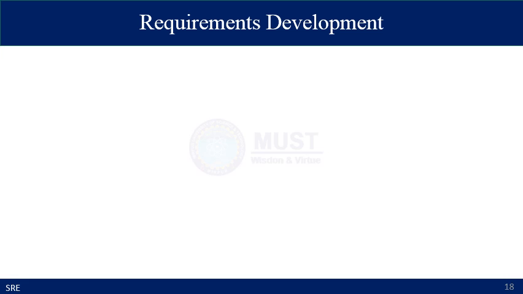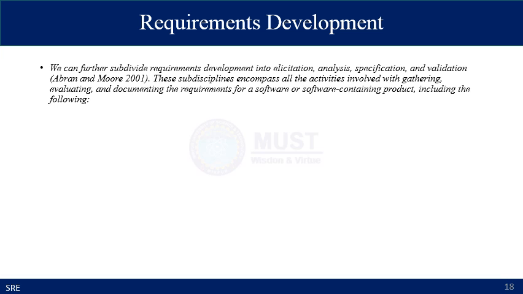Let's take a brief look at each of the sub-processes. First, requirement development. We can further subdivide requirement development into elicitation, analysis, specification, and validation. These subdisciplines encompass all activities involved with gathering, evaluating, and documenting the requirements for a software or software-containing product, including the following.